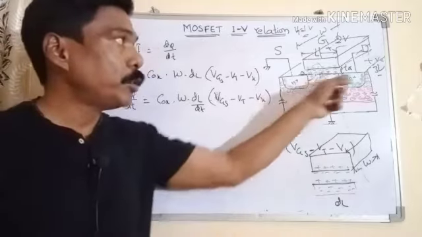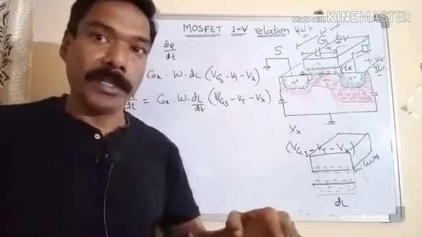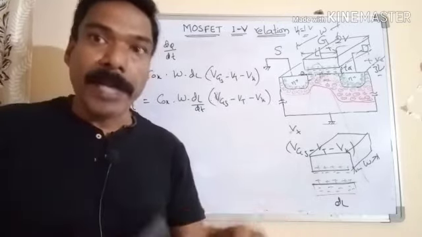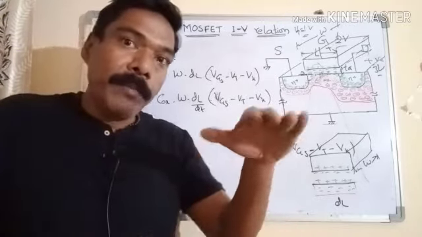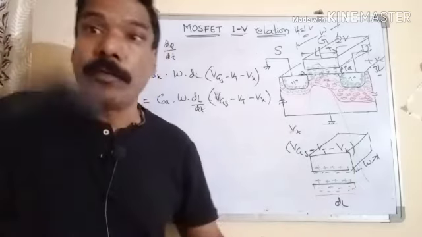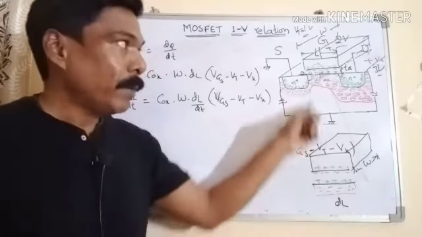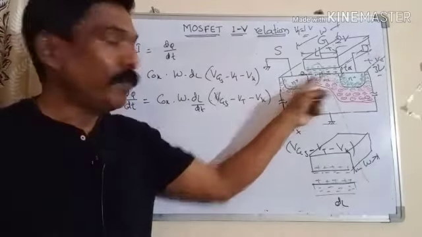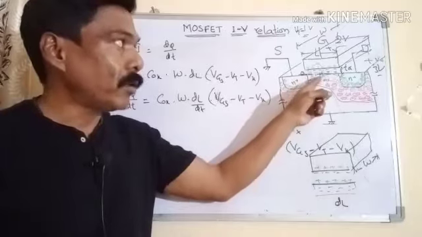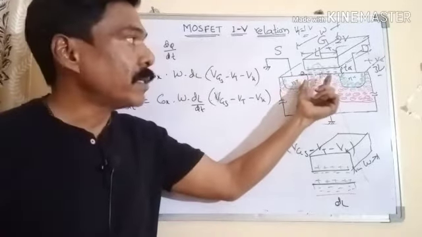Drift is due to the electric field and diffusion is due to the gradient in concentration, from high to low concentration. But here the drift is dominant when the electric field is significant, so we are considering the drift current.